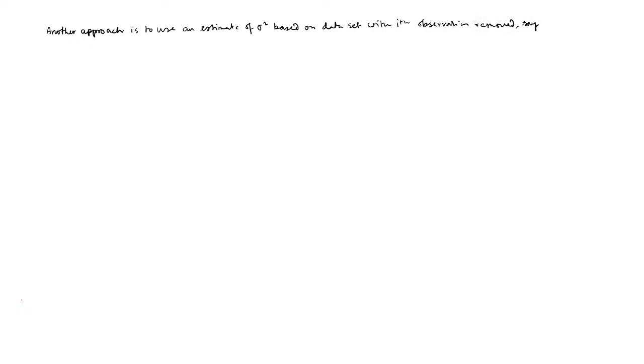I denote this by S within bracket i square, and we compute S within bracket i square as 1 by n minus k minus 1, because here I use n minus 1 observations. This is the error degrees of freedom when in the regression there are k explanatory variables.